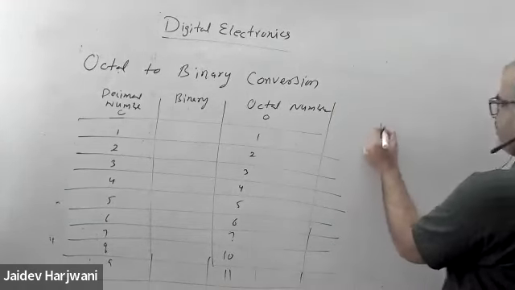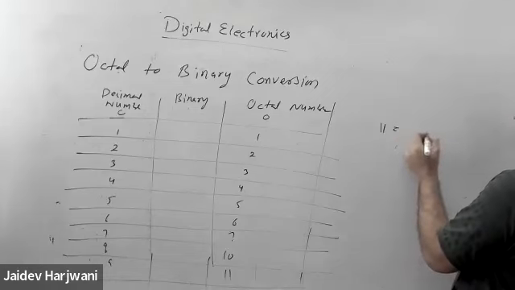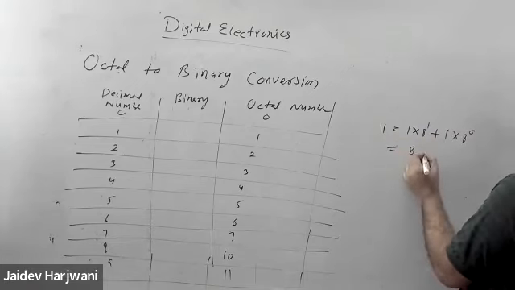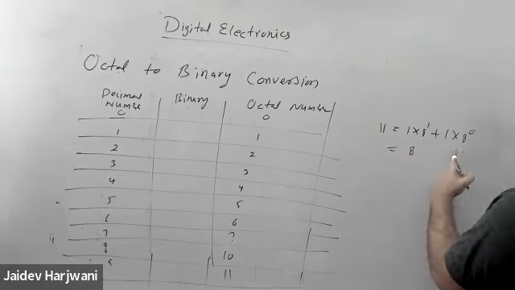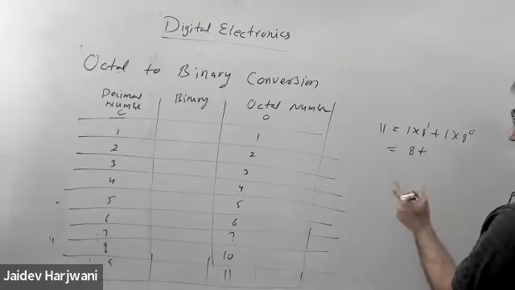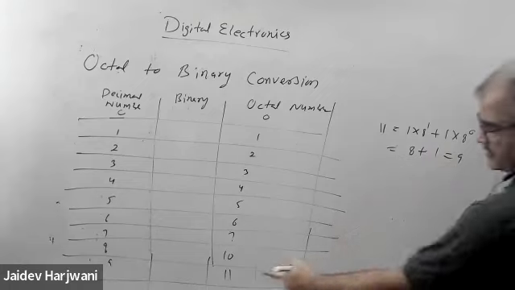If you convert 11, it is 1 into 8 power 1 plus 1 into 8 power 0. 8 power 1 is 8, and this is 1. This is 9. Okay, so this is correct.